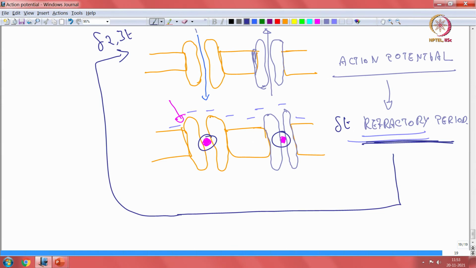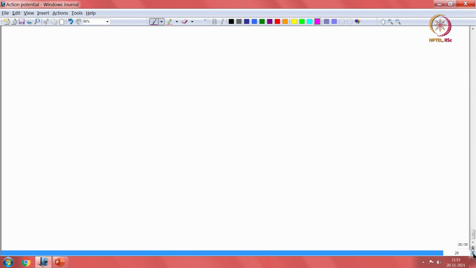Even if you apply a continuous stimulus, at 0, t, 2t and 3t, you do not have responses within the cell. It is only after 4t, so at 0 and 4t, that you will have two action potentials. We will look at it graphically.